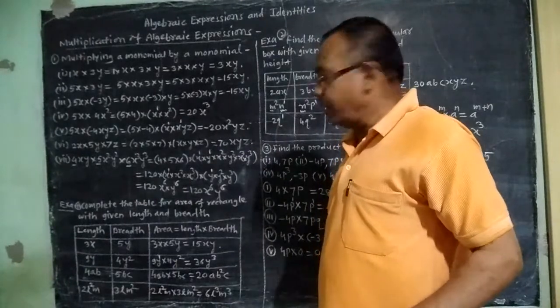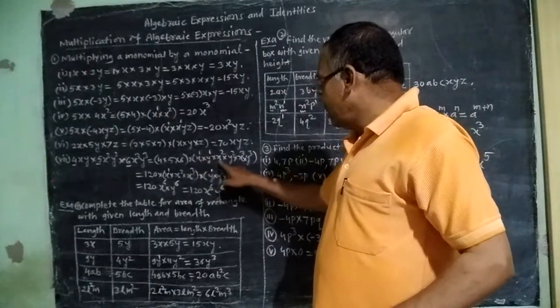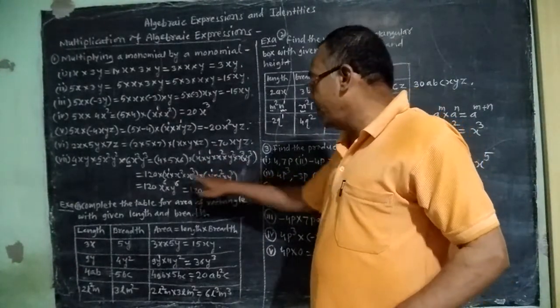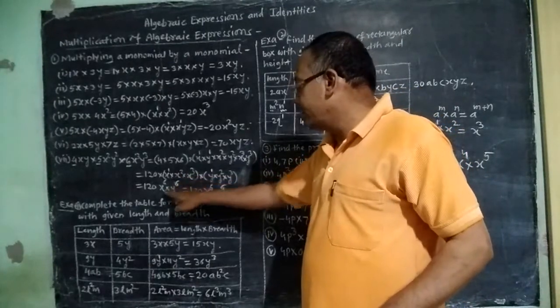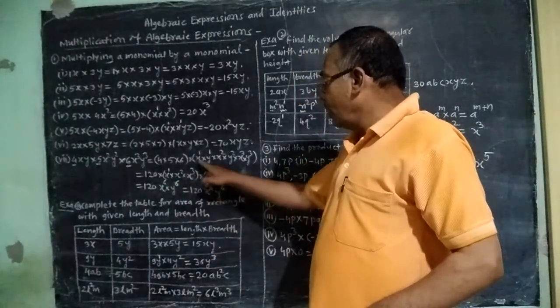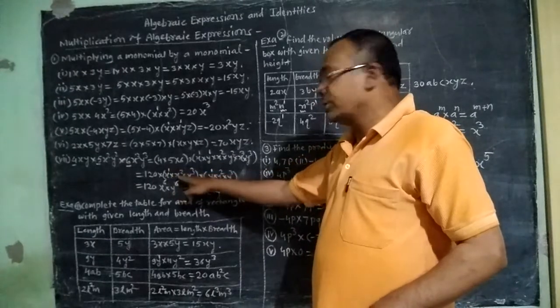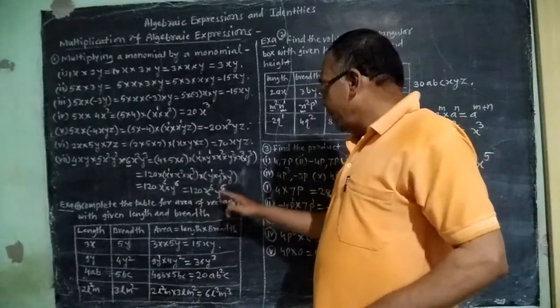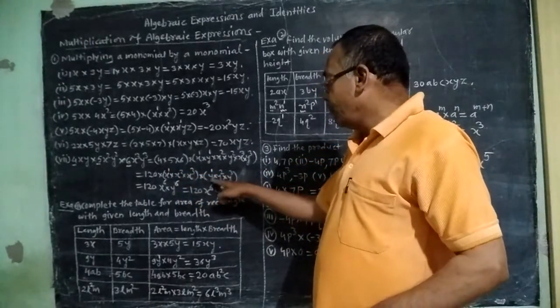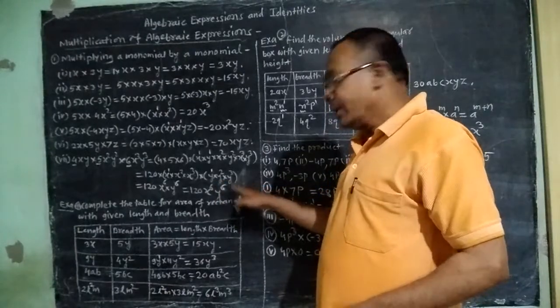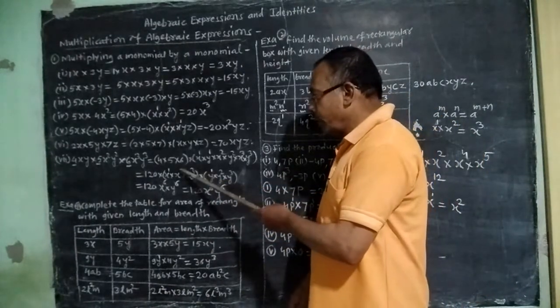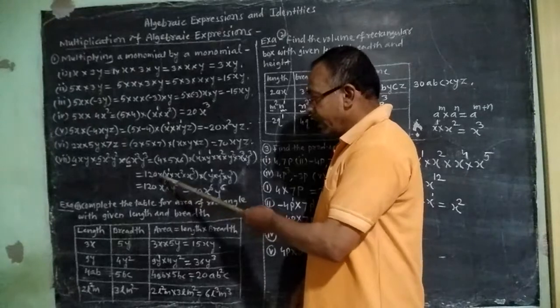Here x and y have exponent 1, and here x and x is there, so I have written only x, or you can take all the x together, x into x square into x cube, and in another bracket y into y square into y cube. Here 3 plus 2 is 5, 5 plus 1, so x raised to 6.